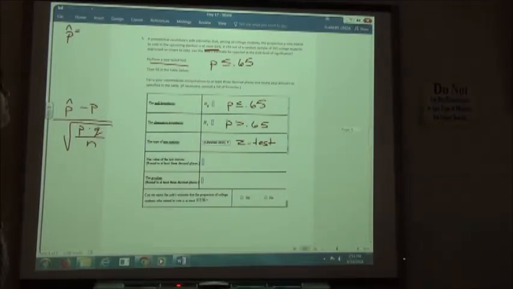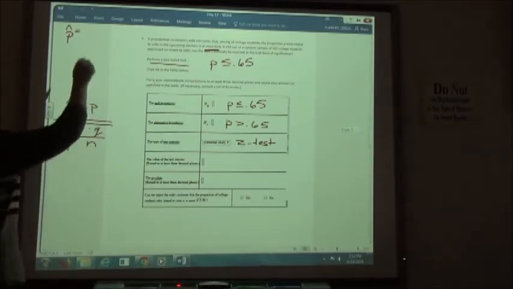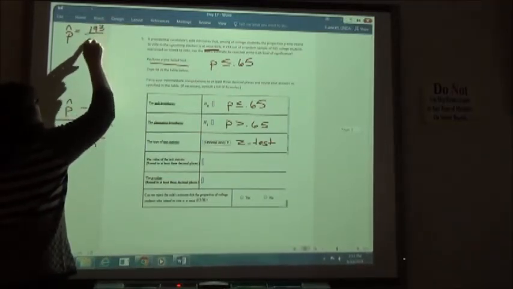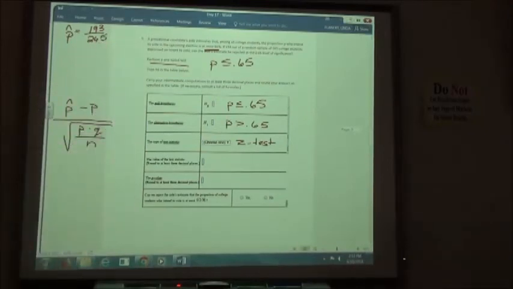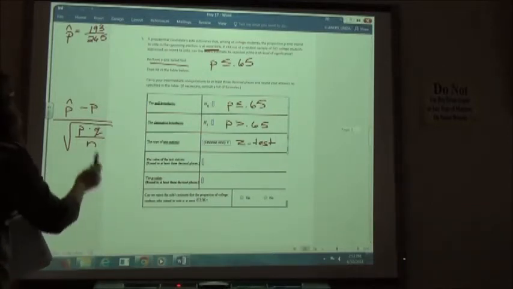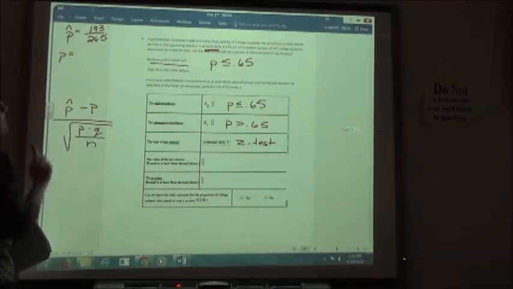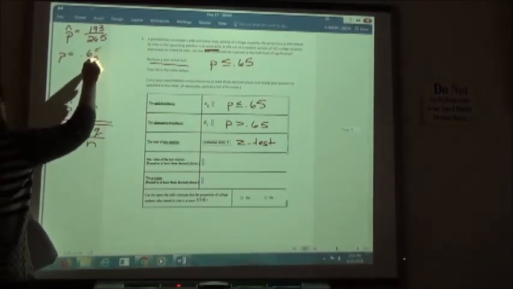My proportion from my sample is 193 out of 265, is what they tell me. Let's see if that comes out halfway decent or if it is a great big long decimal. All right, then we'll use the fraction. Our regular P is what we're comparing it to, 65%.